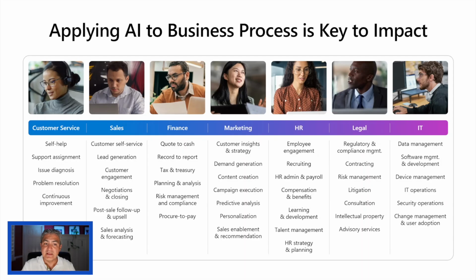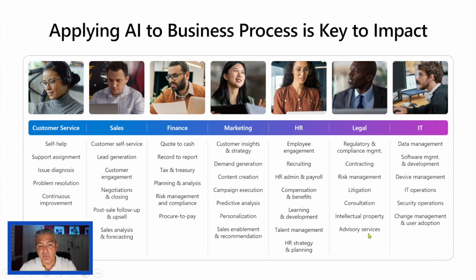And I would say that the key to driving impact is to apply AI to your business processes. So here, we have a variety of different lines of business like customer service and sales, finance, marketing, HR, legal, and IT. And your company might have other lines of business like engineering, for example. But each line of business has specific workflows that they're involved in. The key is, can we automate these workflows per line of business?